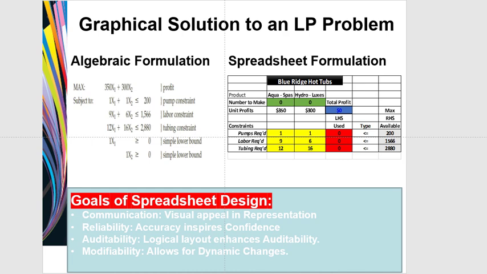And we emphasize in auditability that logical layout enhances auditability. When we talk about auditability, we recognize that models that are set up in an intuitively appealing logical layout tend to be most auditable. In other words, can somebody else follow the procedure that you adopted in that spreadsheet model to arrive at similar conclusions?